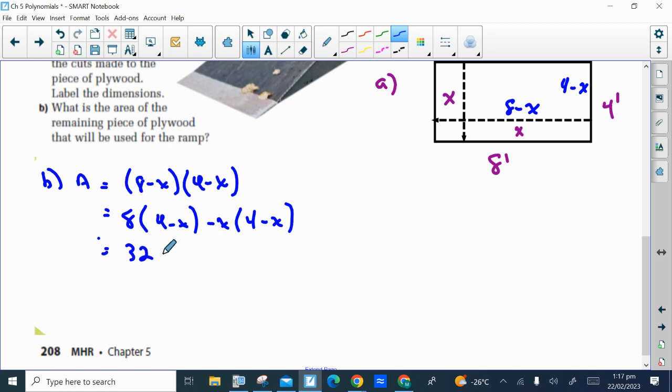So that'll give us 32 minus 8x minus 4x. Negative x times negative x is positive x squared. And normally when we write polynomials, we write them in order of descending power, highest power to lowest power. So there's an expression for the area of the piece that's left.